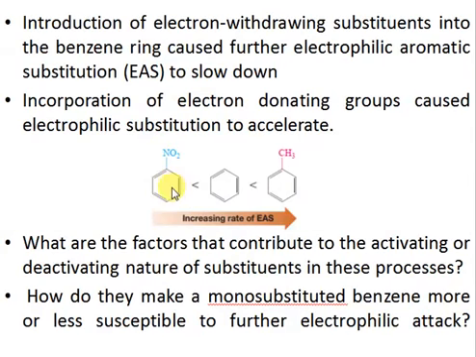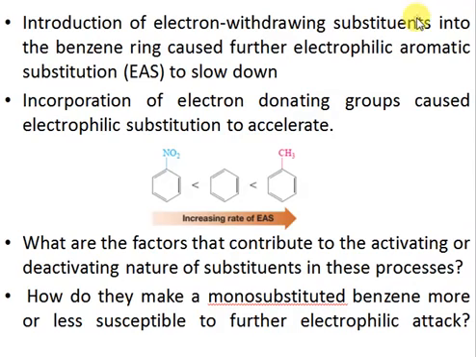Since the benzene ring has less electronic density, it is less likely to attack this electrophile, right? That's why we say that whenever there is an electron withdrawing group attached to a benzene ring, then the electrophilic substitution reaction is reduced, right? The rate of reaction of aromatic substitution is reduced.